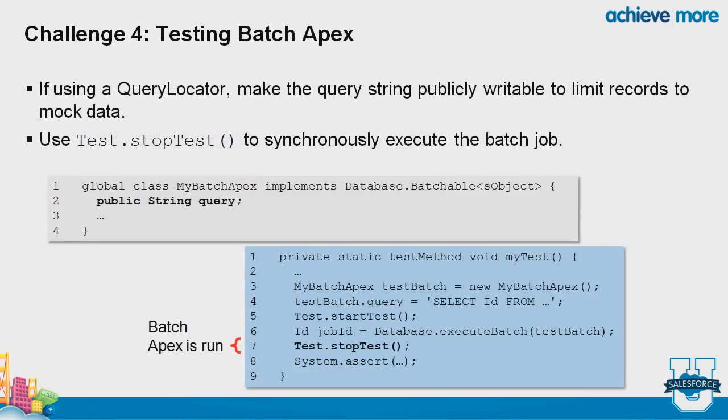With a similar idea, not only for future methods, but also for batch Apex that runs, obviously, in the future. Now, with batch Apex, there are few considerations that we need to take into account. First of all is that you guys have done batch Apex. You have 3 methods: start, execute, and finish.